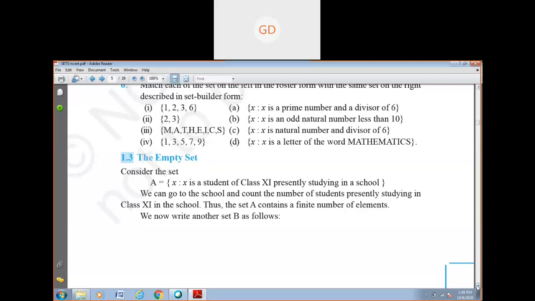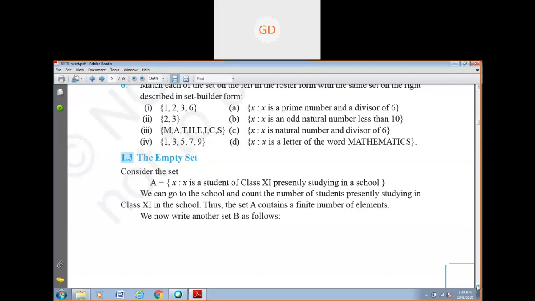So null set, void set, empty set, all are the same. When we say a set is an empty set or null set or void set, you can literally understand what empty means.